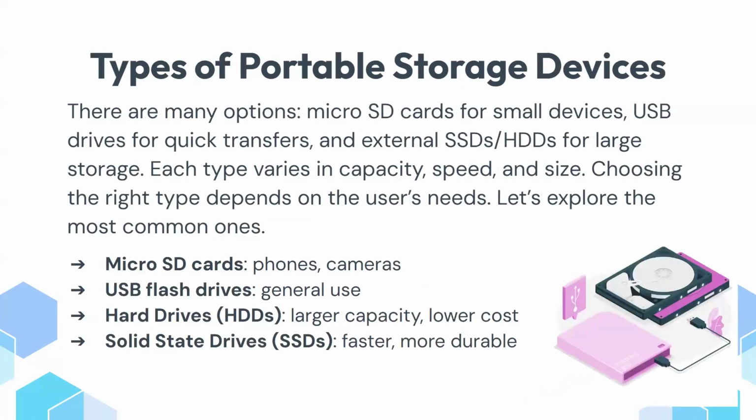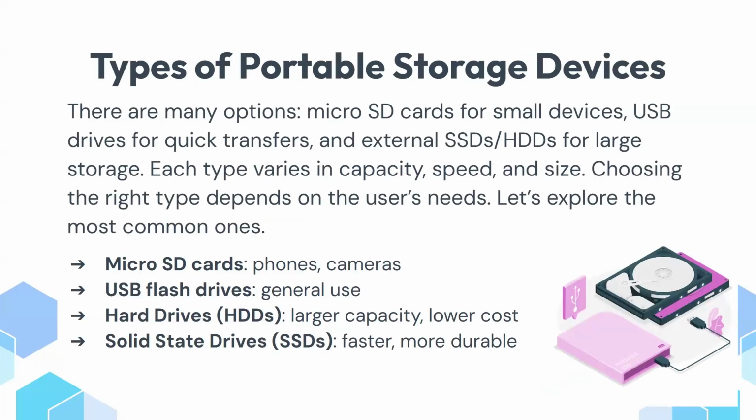So, types of portable storage devices. There are many options. Micro SD cards for small devices, USB drives for quick transfers, and external SSDs/HDDs for large storage. Each type varies in capacity, speed, and size. Choosing the right type depends on the user's needs. So let's explore the most common ones.